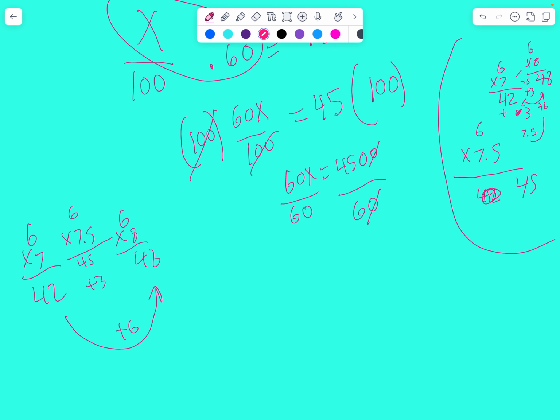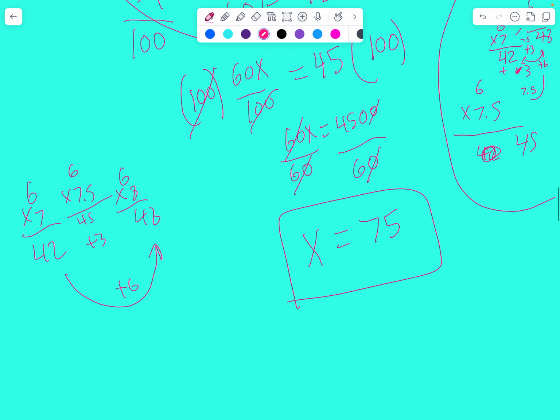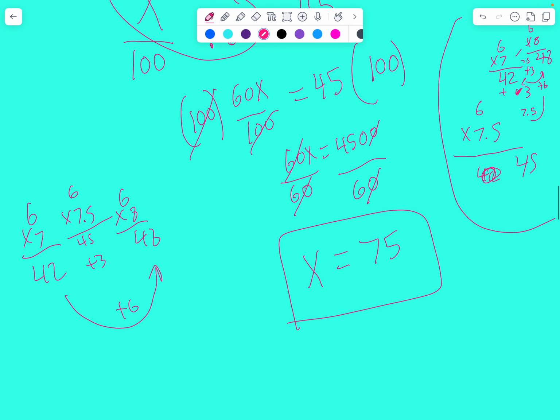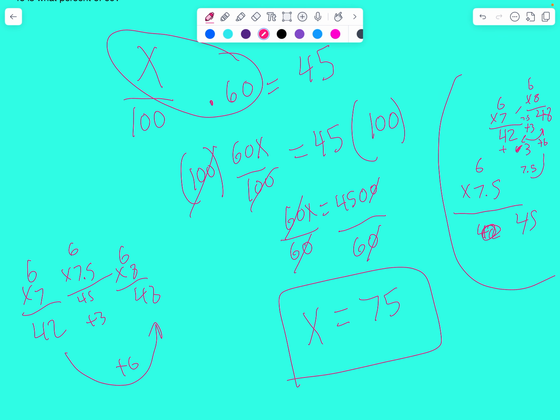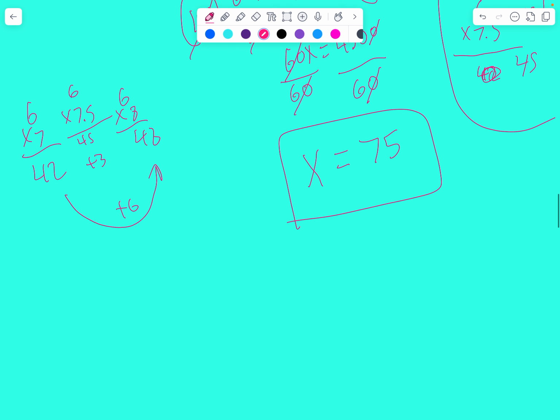So you have 450 divided by 6, which is 75. And then 60 divided by 60 is 1, so you just get x, so x equals 75. So 45 is 75% of 60, okay? I was showing you the real way of doing it, and then I showed you like my little math on the side. But I'm assuming you would get a calculator for something like that.